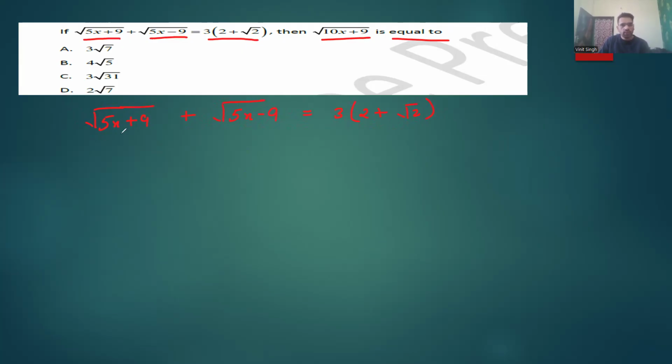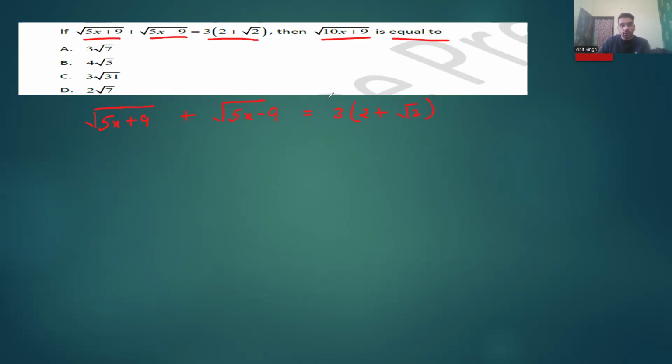Now these numbers are given in square root form on the left hand side. On the right hand side we have 3 times (2 plus under root 2).